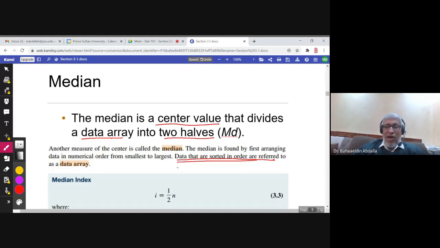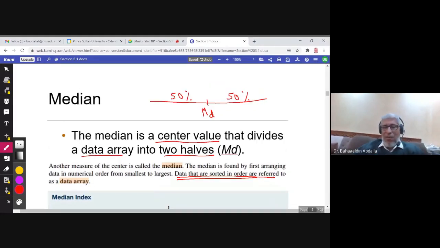So you have to sort the data first, and then you divide the data into two halves. The number in the center is the median. In fact, the median is here in the center, and we call it MD. 50% of the data is to the right of the median, and 50% of the data is to the left of the median.